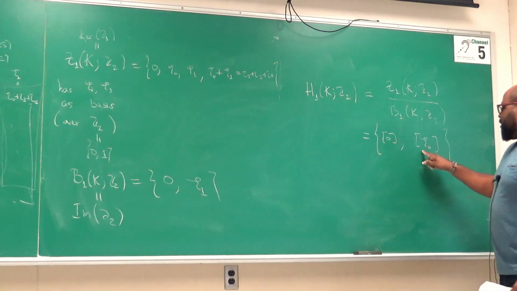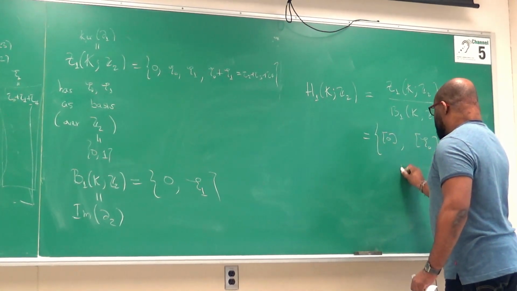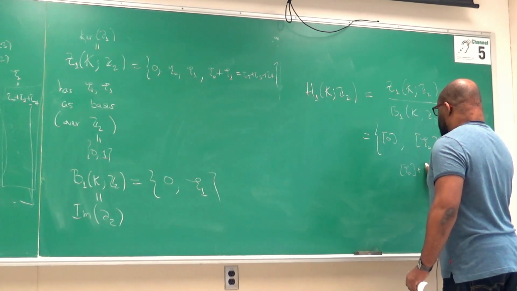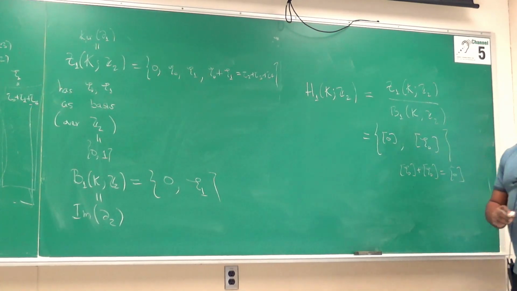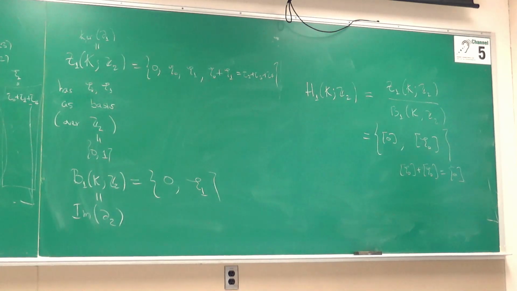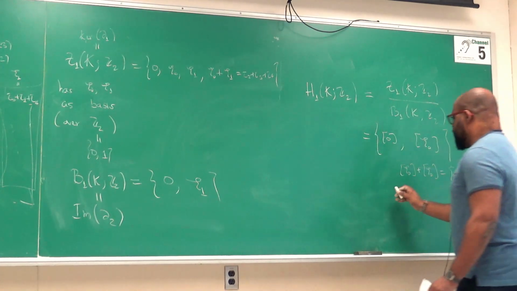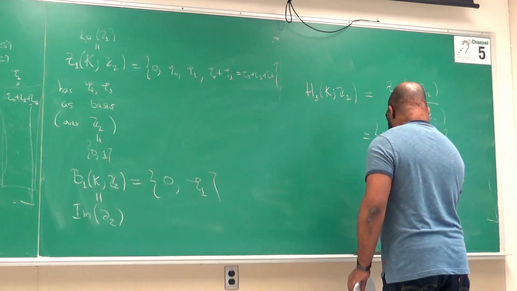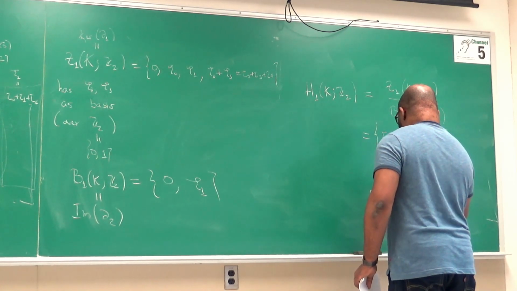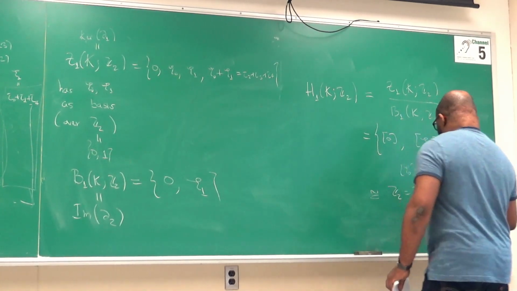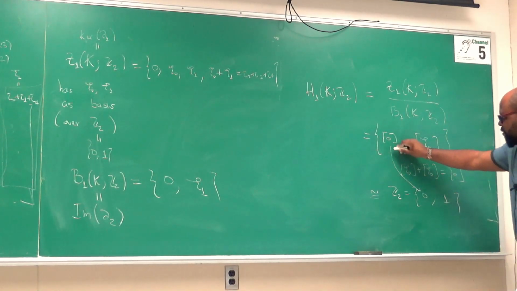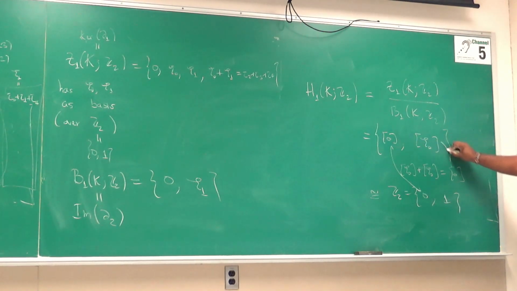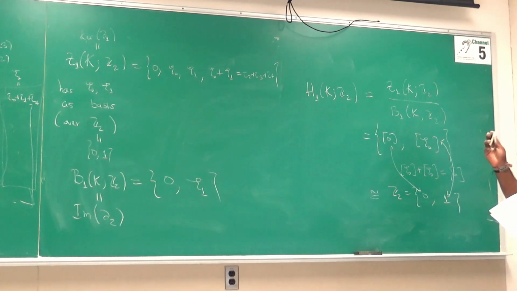And then here, notice that zeta 0 plus zeta 0 is 0. Okay? So this really is the same thing as Z mod 2, right? Where we're pairing 0 with 0 and the class of zeta 0 with 1. Okay?